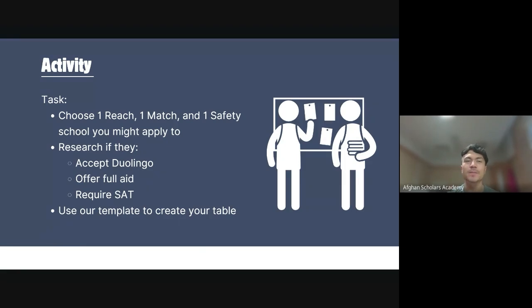You have 5 minutes to research. Go to Google or wherever you want, and research if they accept Duolingo, if they offer a fully funded scholarship or full aid, and if they require the ACT or not. Use the template that I gave you earlier in the session, or use your own spreadsheet or table.